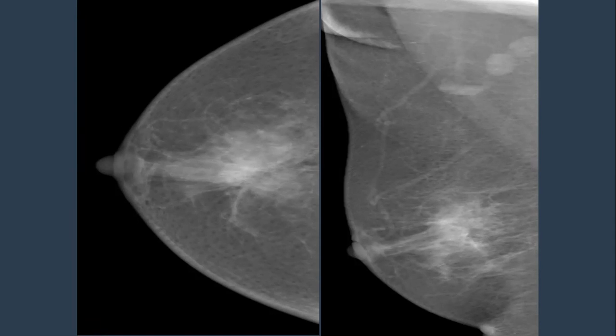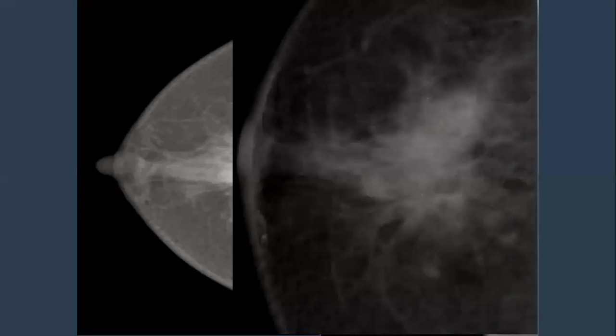Okay, so next, even here there is faint calcification, if I could see it well. We could do a spot magnification compression view. Okay, this is the spot.